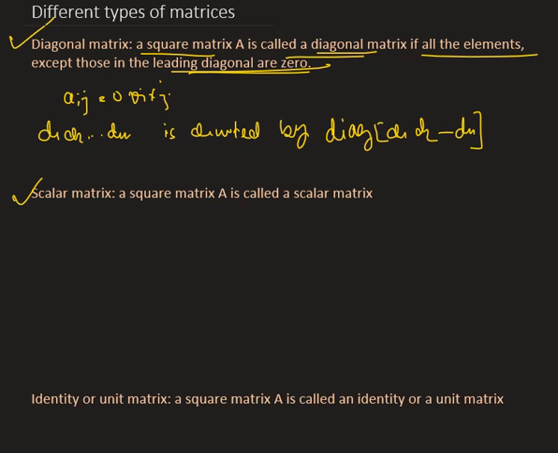Now, the next one is the scalar matrix. A square matrix A is called a scalar matrix if Aij equals 0 for all i not equal to j, and Aii equals c, that is the diagonal elements, for all i, where c is not equal to 0.